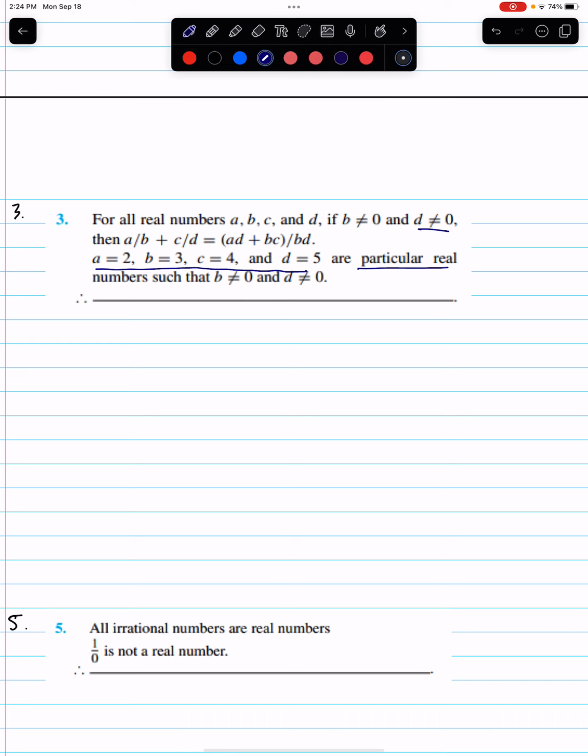These are particular real numbers such that B is not equal to 0 and D is not equal to 0. So they basically gave us the first part again.